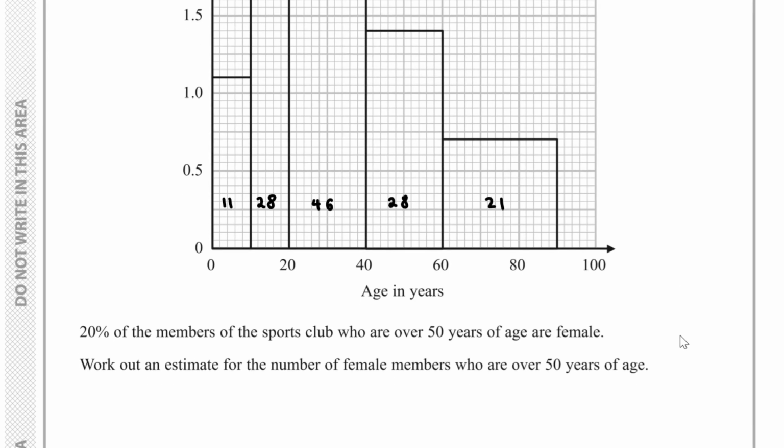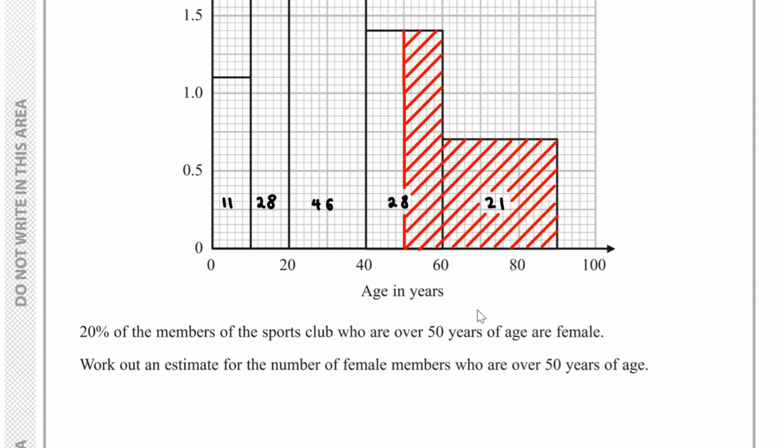So the age of 50, that is over here. So let's just draw a vertical line down from here. Here we've got 50, and everything beyond this point is the people who are over the age of 50.